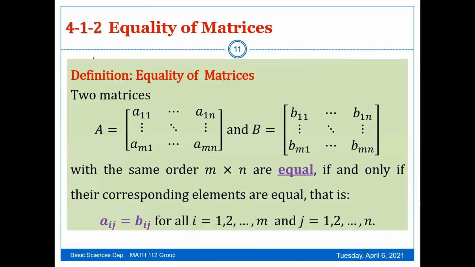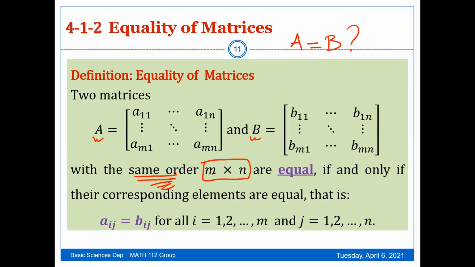Now, equality of matrices. If we have two matrices A and B, when can we say that A equals B? Two matrices are equal if they satisfy some conditions. The first condition is that they must have the same order. If they don't have the same order, they cannot be equal. But this is not sufficient.